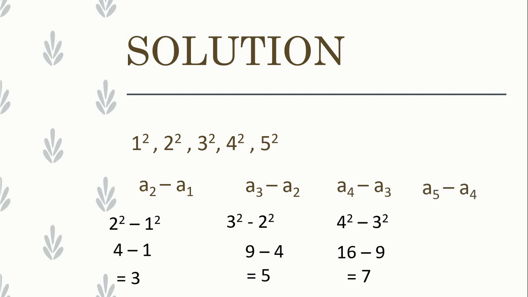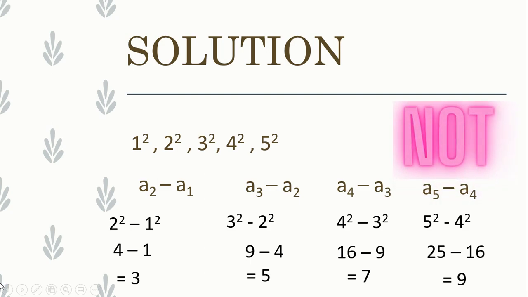Fifth term minus fourth term, that's 5 squared minus 4 squared, that's 25 minus 16, the answer is 9. So as you can see, the sequence does not have common difference. Therefore, the answer is not. This is not an arithmetic sequence.